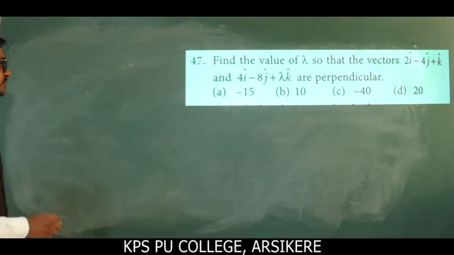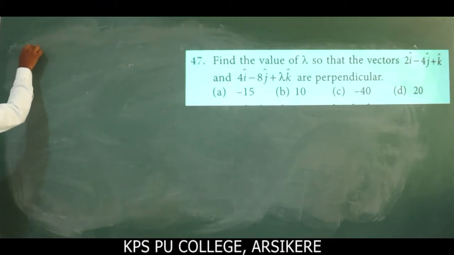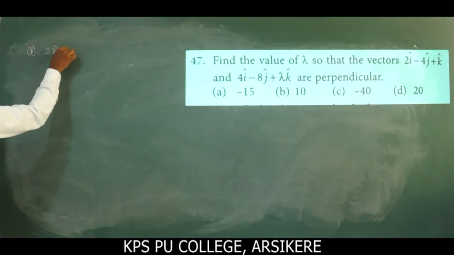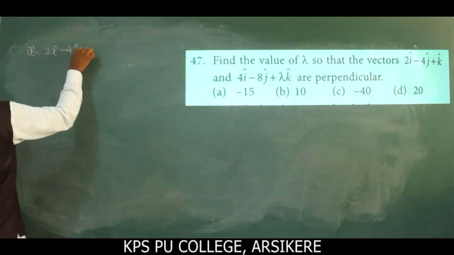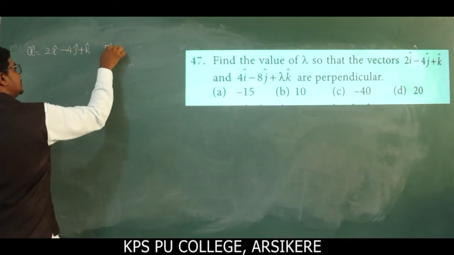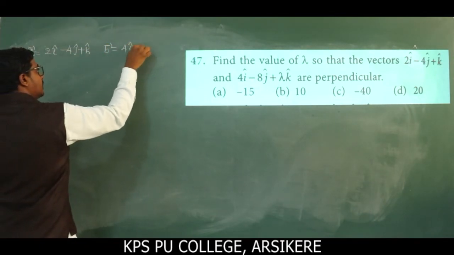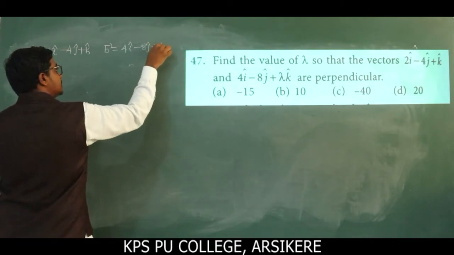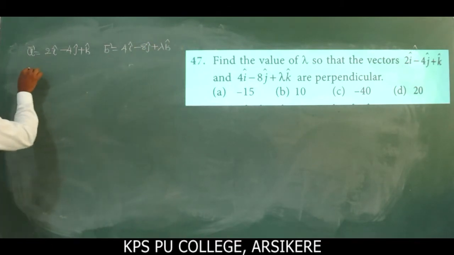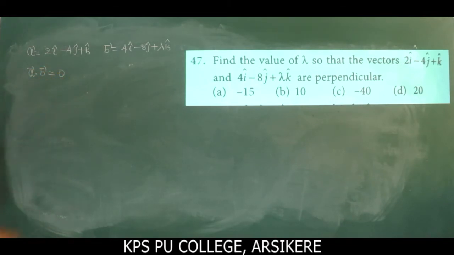Take the first vector as vector A, the second as vector B. Vector A is 2i minus 4j plus k, and vector B is 4i minus 8j plus lambda into k. Vector A dot B becomes 0 because they are perpendicular to each other.